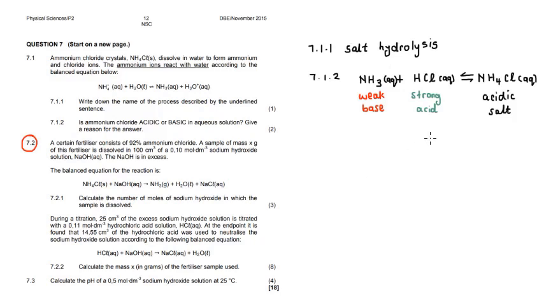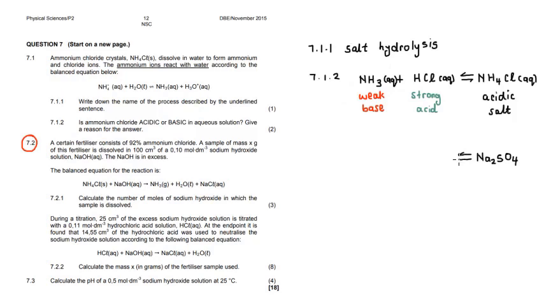Let me give you another example of this, just so that you can get a hang of it. Imagine they wanted to know if the salt sodium sulfate is acidic or basic. They're asking exactly the same question, so you work backwards.